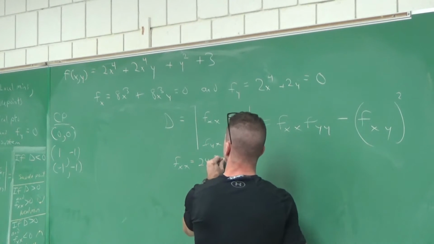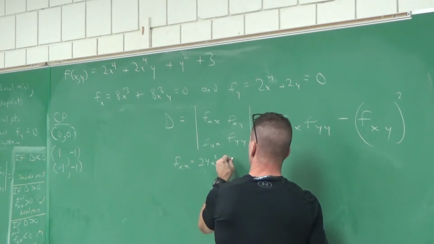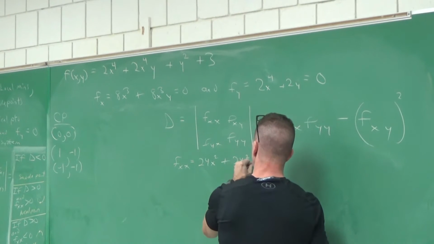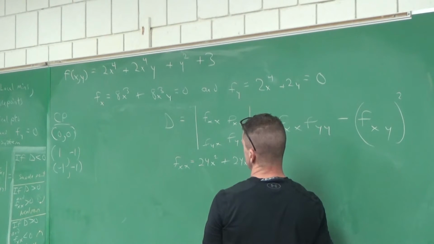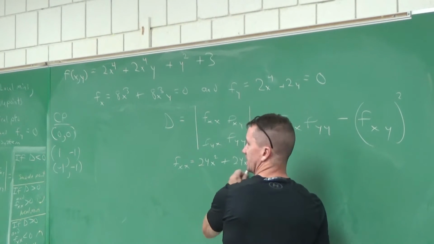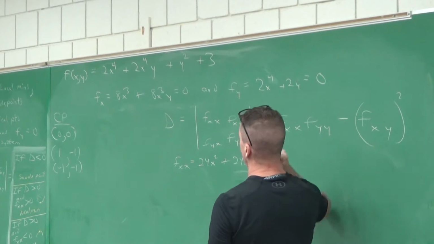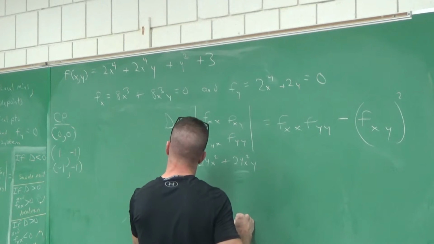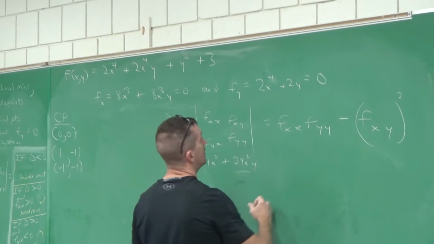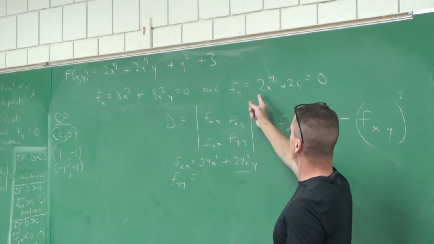24x squared plus 24x squared y. Does that echo that? Yeah, that can be a little weird. Like, how do I deal with that? That y stays constant. What's fyy? I'm looking around like, where's that y?